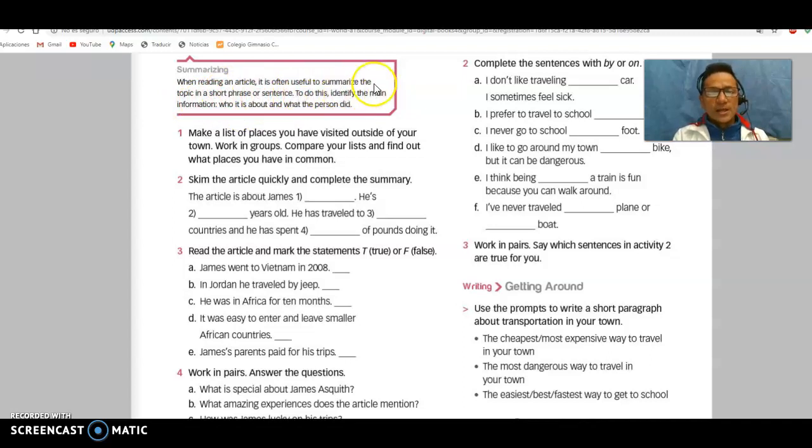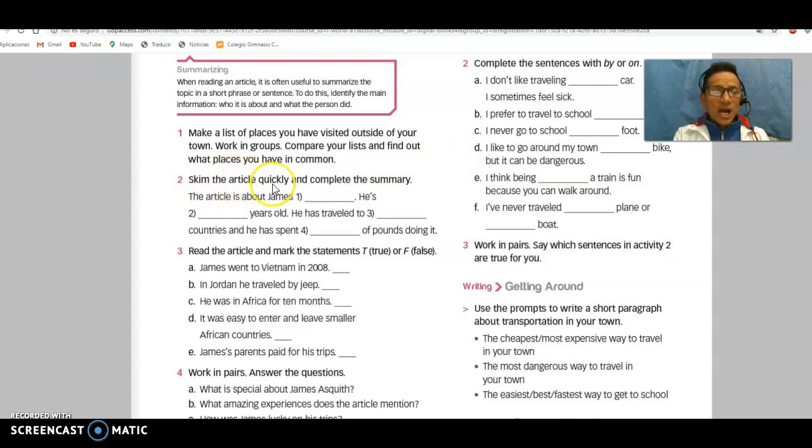To do this, identify the main information, who it's about, and what the person did. So when you get the general idea, you can understand what you are reading. So that's what I need you to do. So activity one, make a list of places you have visited outside of your town, working in groups. Okay, so you can write here the list of the places that you have visited at any time.